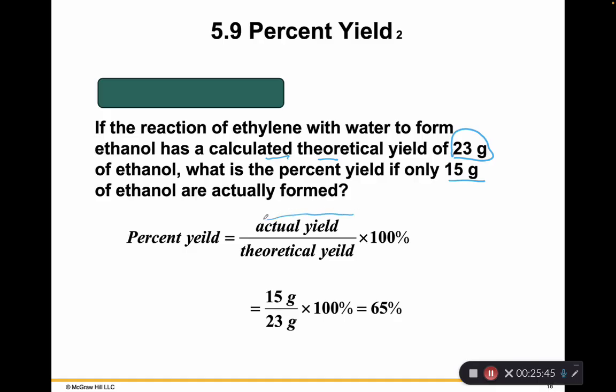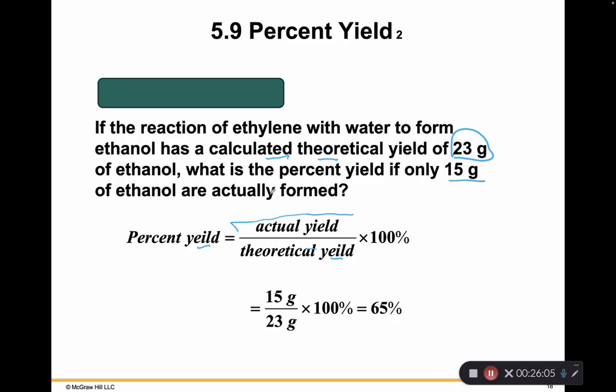We have to remember this expression: percent yield is equal to actual yield divided by theoretical yield times 100%. I see the spelling of yield is wrong here. You can correct it yourself. So actual divided by theoretical times 100% gives you the percent yield.